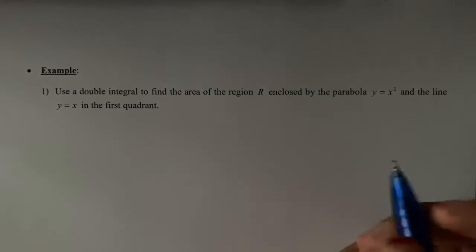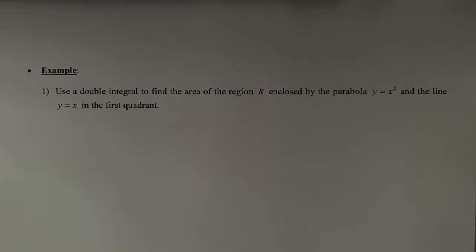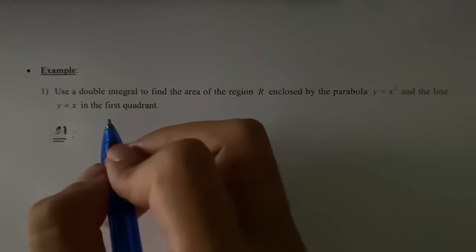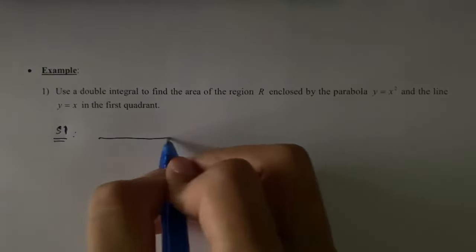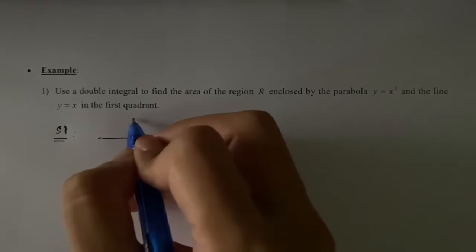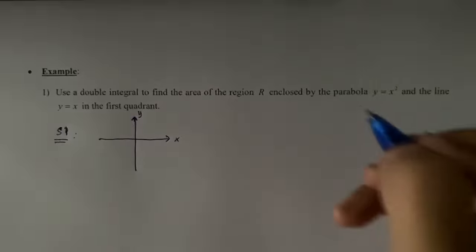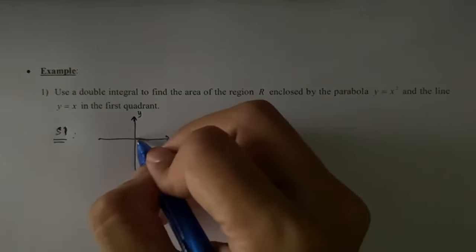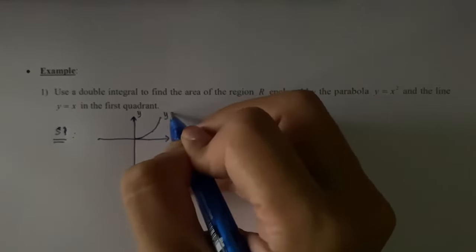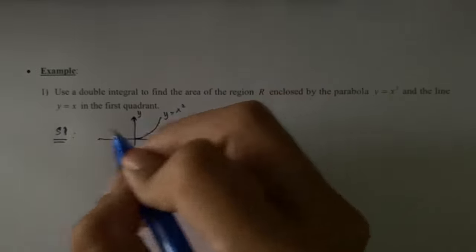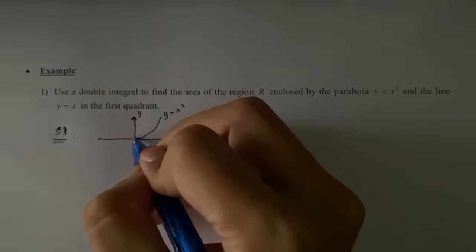Use a double integral to find the area of the region R enclosed by the parabola y equal to x square and the line y equal to x in the first quadrant. For the first step, we have to sketch the x-y plane. The parabola y equal to x square, and then y equal to x is a line.